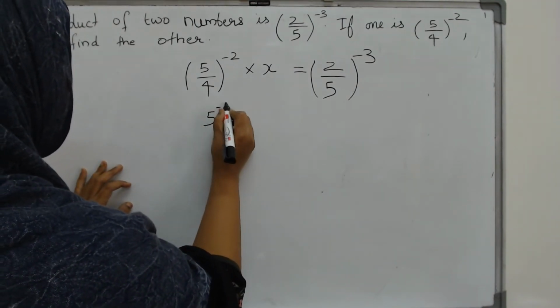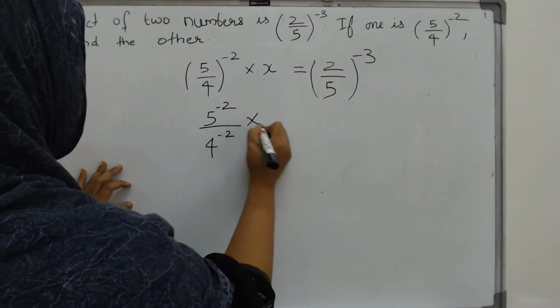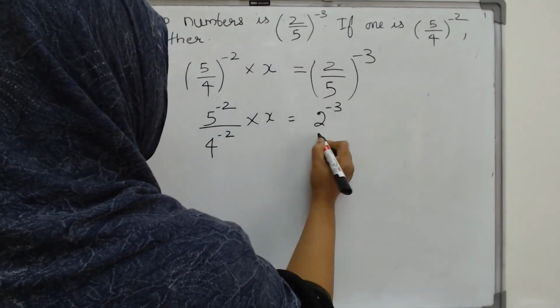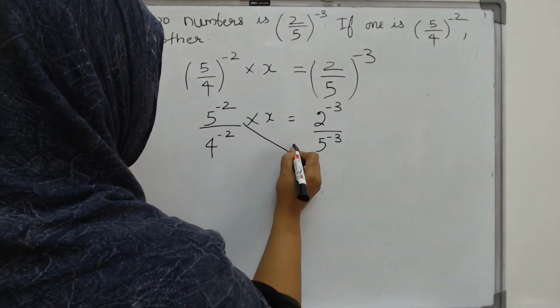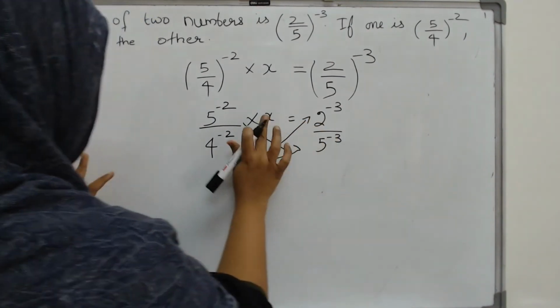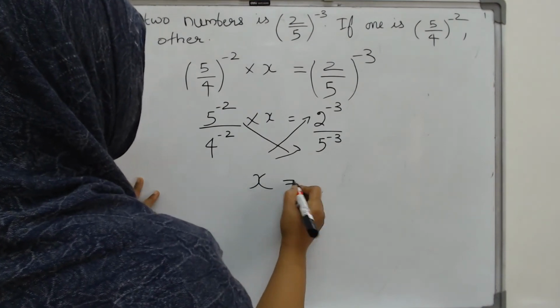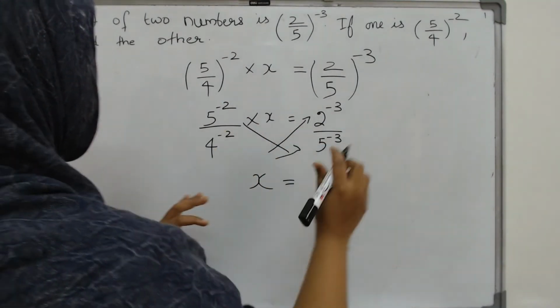This is 5 raised to minus 2 by 4 raised to minus 2 into x. This is the same as 2 raised to minus 3 by 5 raised to minus 3. Now what if we cross multiply? We will just leave x in one here, because as it is an algebraic expression, we just need to isolate x on one side and take all the numbers to the other side.